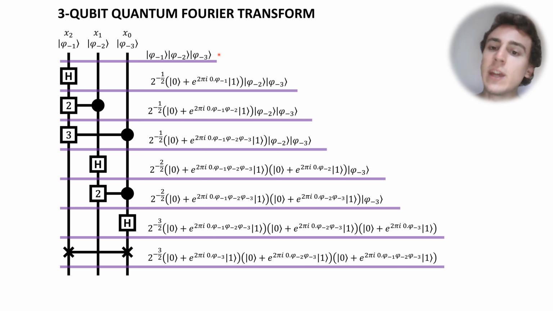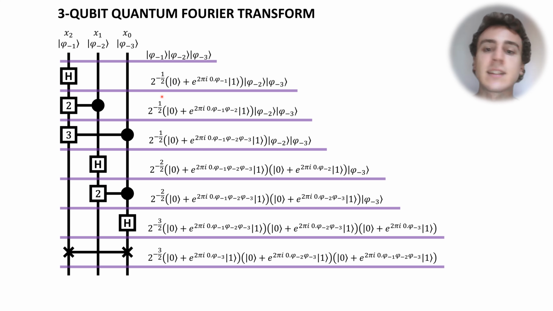And that 3-qubit computational basis state is specified by 3 bits, which are phi sub minus 1, phi sub minus 2, and phi sub minus 3. You can see them as labels of these initial qubit states at the top. And above those initial qubit states, you can see the labels for the qubits. So qubit 2 is on the left, qubit 1 is in the middle, and qubit 0 is on the right.